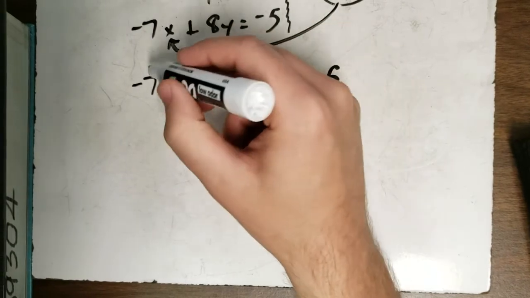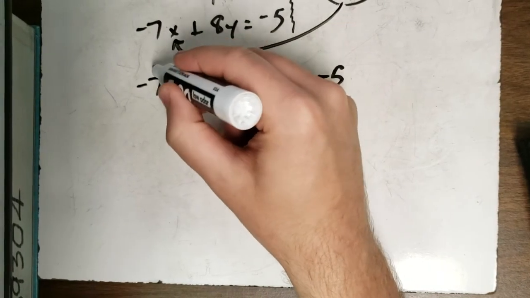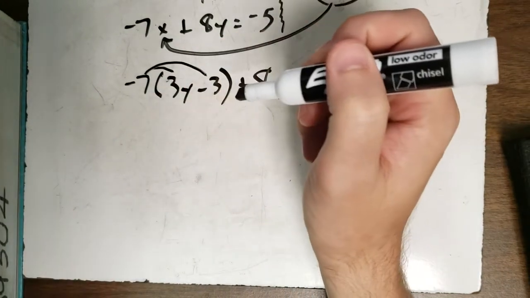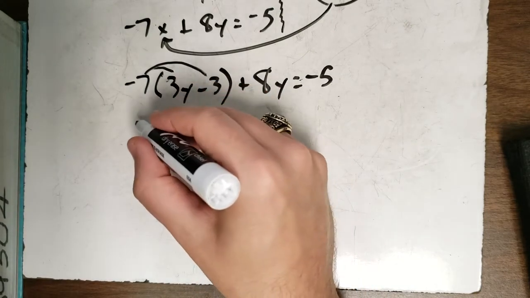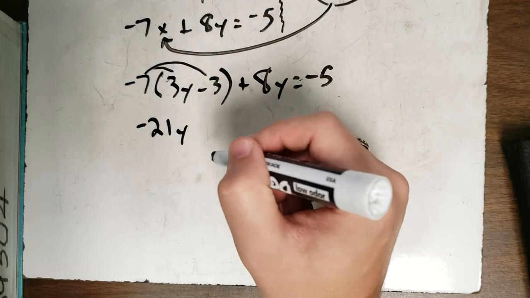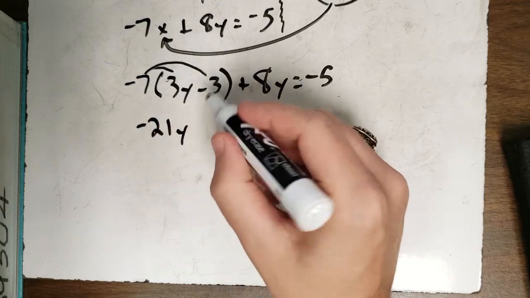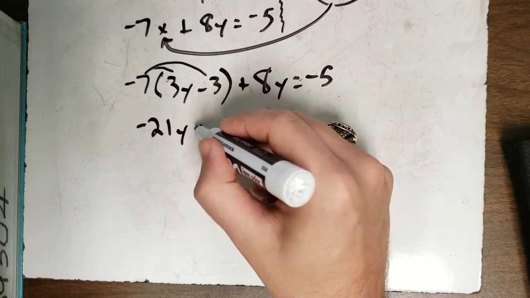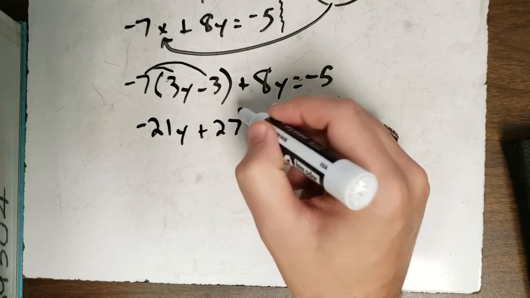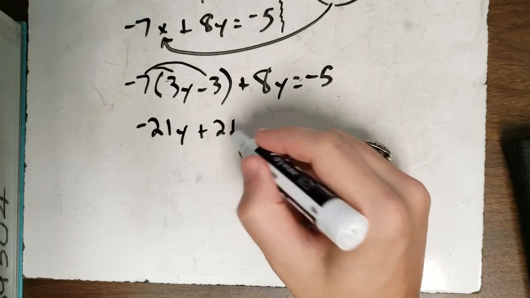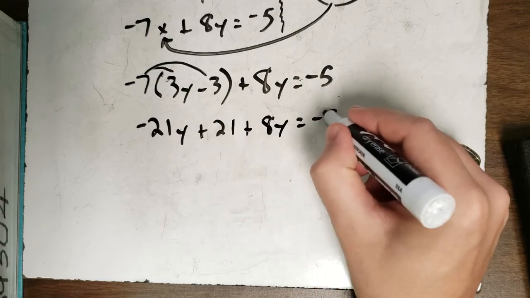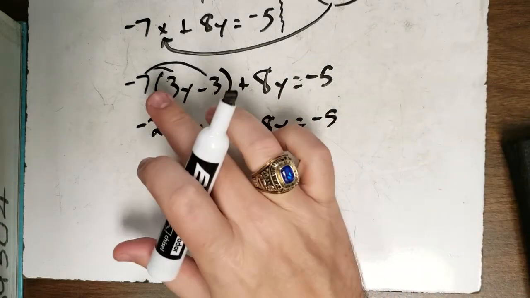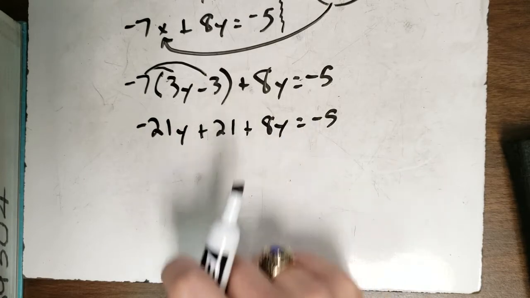Gotta get rid of the parentheses, so distribute the -7 into the parentheses. -7 times 3y is -21y. -7 times -3 is a positive 21. Bring down the rest of the problem, okay? Remember, once you distribute, the parentheses go away and you're left with that, okay?